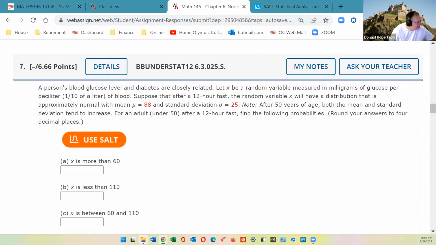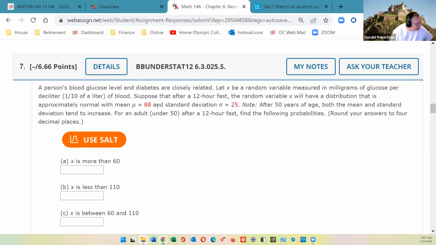Now let X be a random variable measured in millimeters of glucose per deciliter. And suppose that after you've had 12 hours without eating, this variable will have a distribution that has a mean, so I'm writing that down so I won't screw it up, of 88 and a standard deviation of 25.